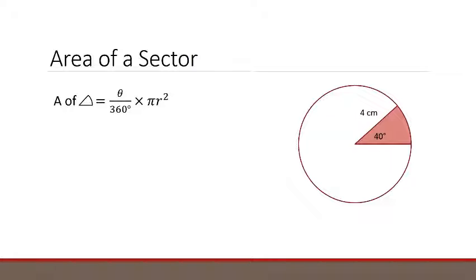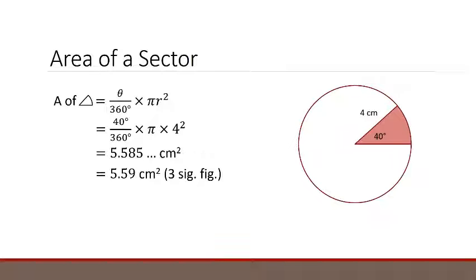Theta over 360 degrees gives us the proportion, and that's the fraction of the area. So simply the area of a sector will be theta over 360 degrees times pi r squared. And substituting, the r is 4 in this case, and we find the answer is 5.585 centimetres squared. Make sure you can do that on your calculator without any errors. That's rounded to 5.59 centimetres squared, correct to 3 significant figures.